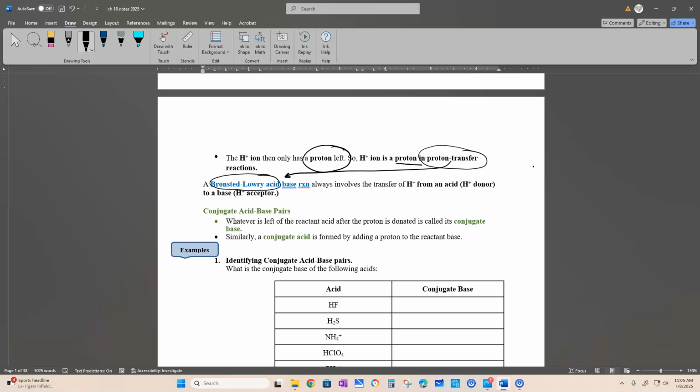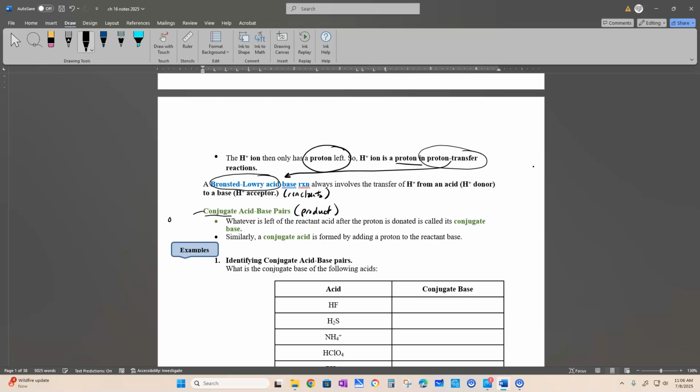Once you have this acid and base, then you have what are called conjugate acid-base pairs. These are on the product side. Your Bronsted-Lowry acid and base are your reactants. But the question is, what do they turn into? They're called conjugates.